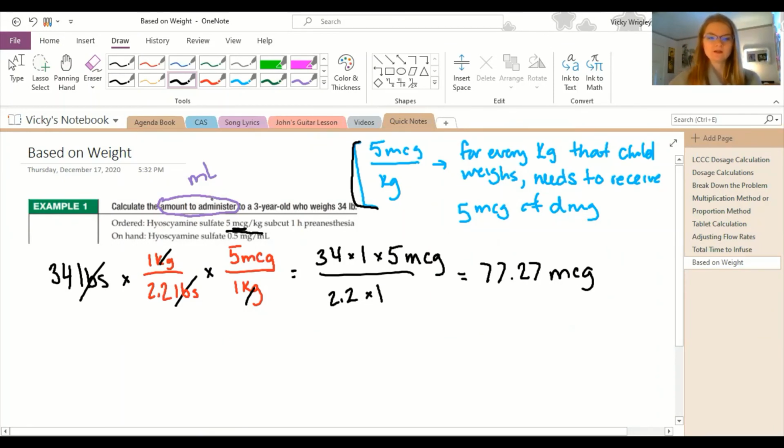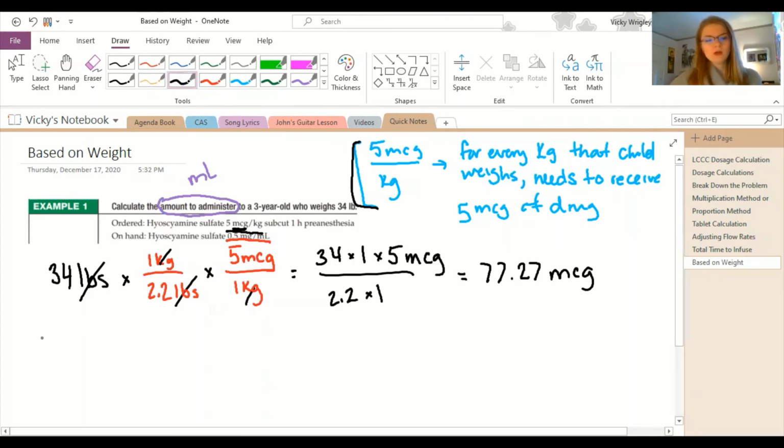Now, how do we get from the desired dose to the amount to administer? How do we get from micrograms to milliliters? What's a relationship between micrograms and milliliters? We're going to use the dose on hand in the vehicle. Right here, we have 0.5 milligrams per milliliter.